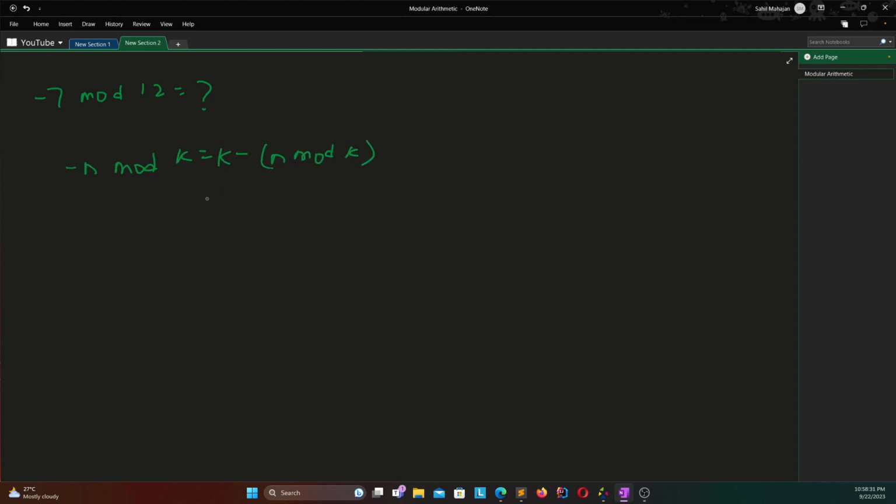In this scenario, k is 12 and n is 7. So 12 minus 7 mod 12 is what we need to solve. 7 mod 12 is 7, so 12 minus 7 comes back to 5.